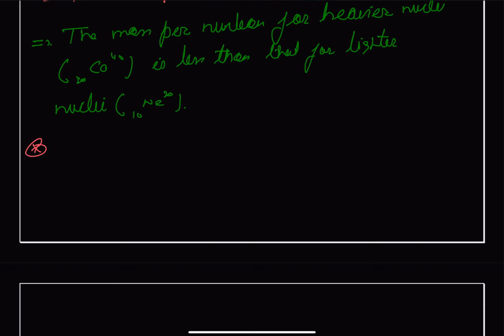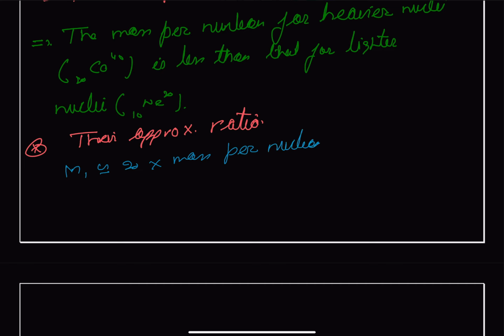So their approximate ratio: M1 is approximately equal to 20 multiplied by mass per nucleon, and similarly M2 is approximately equal to 40 multiplied by mass per nucleon.